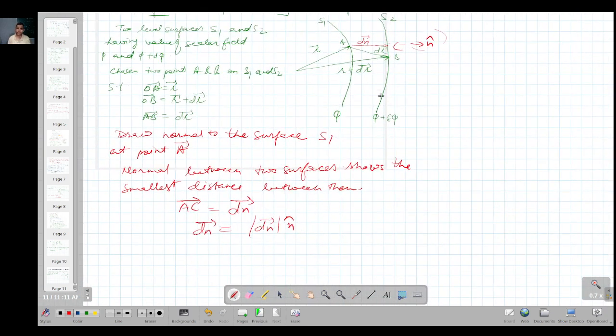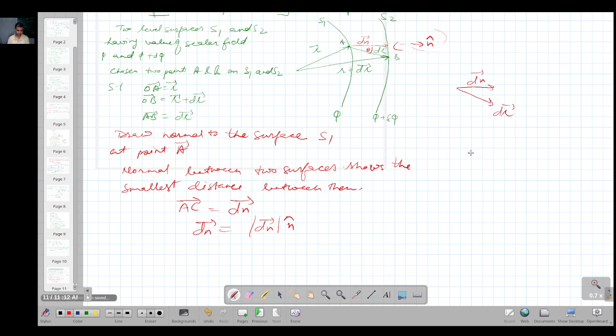But it makes an angle theta with dr vector, so this is dn vector and this is dr vector, and this is the smallest distance.